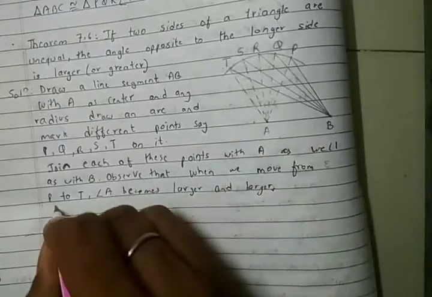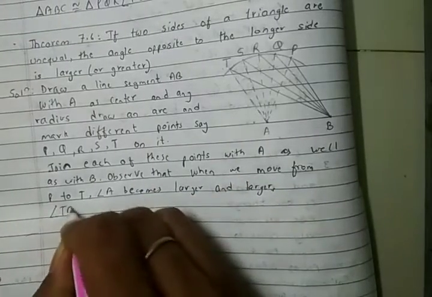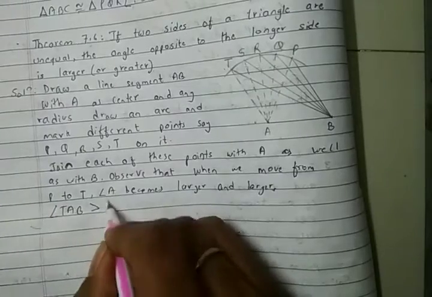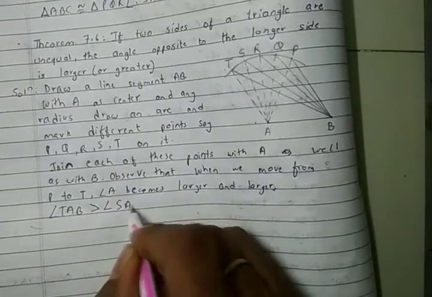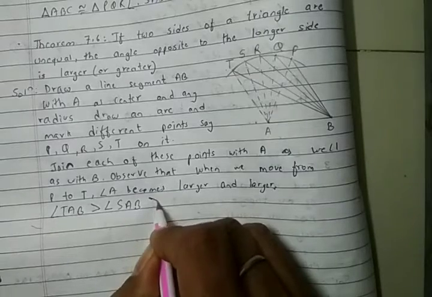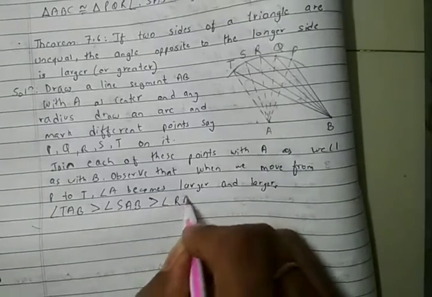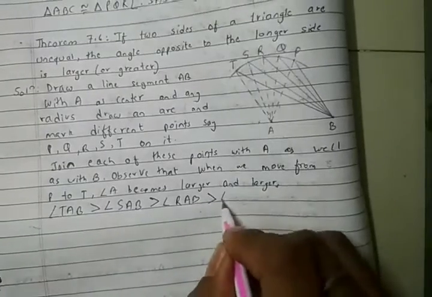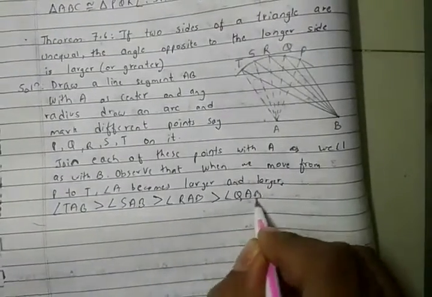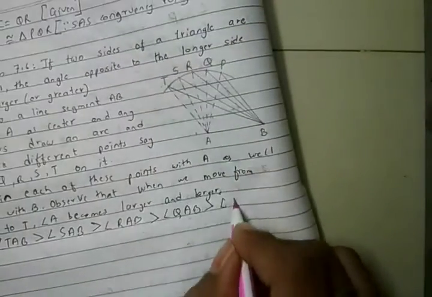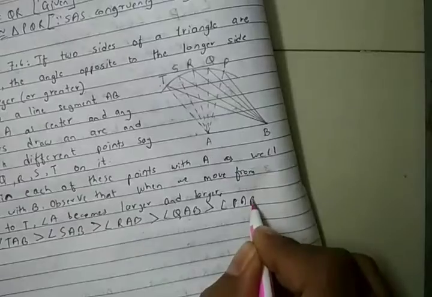So we can write that angle TAB is greater than angle SAB, greater than angle RAB, greater than angle QAB, greater than angle PAB.